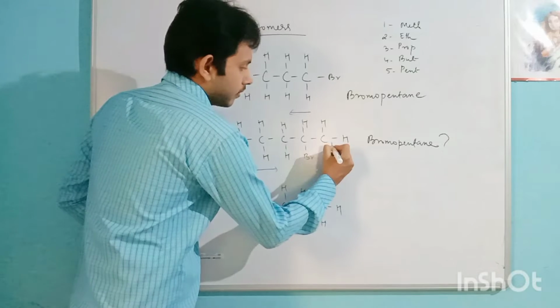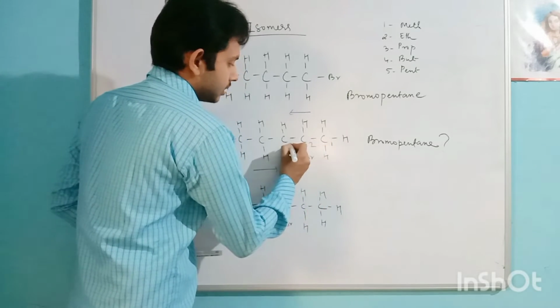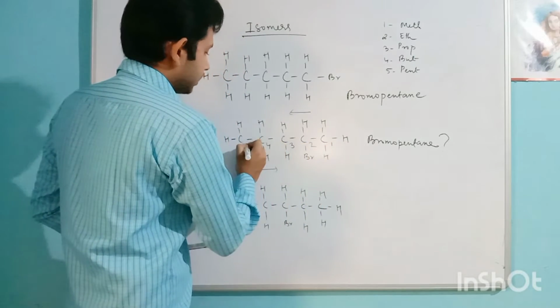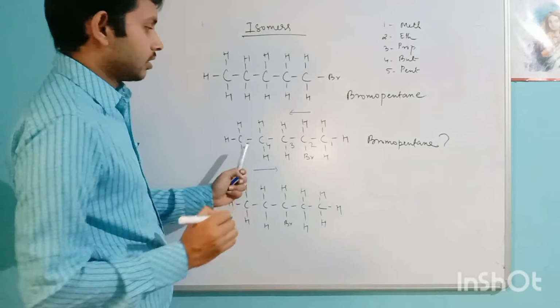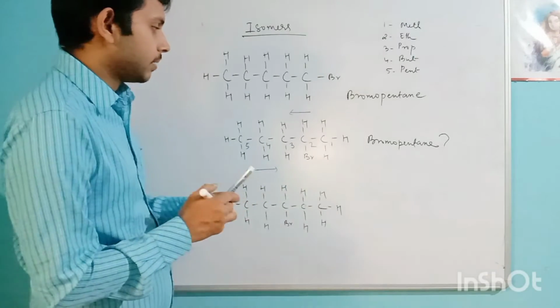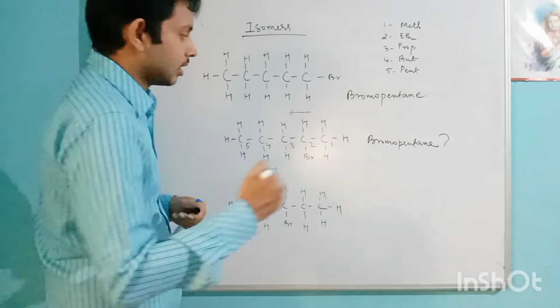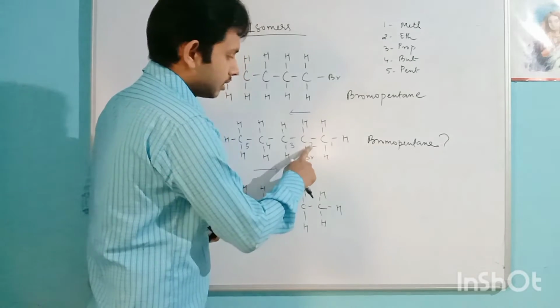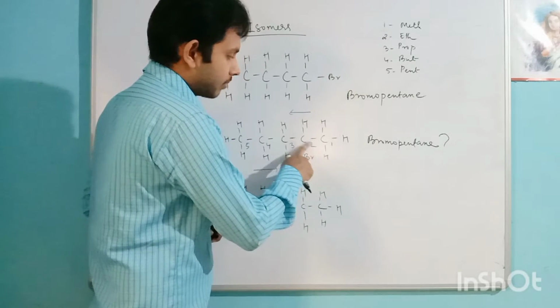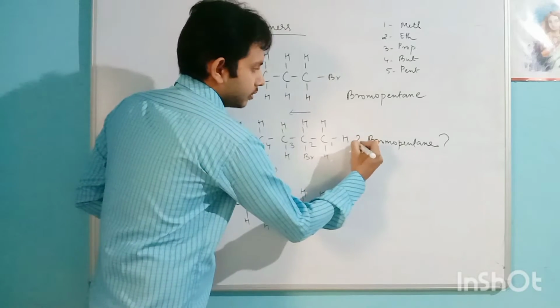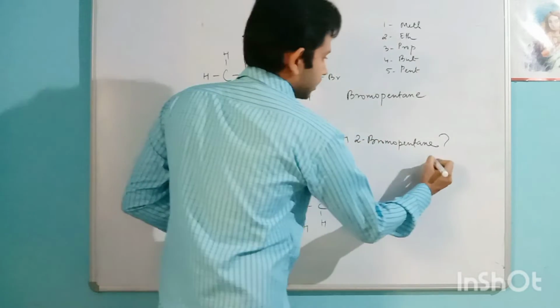So this carbon we take 1, this 2, this 3, this 4, this 5. How will we write its name? Simply we put the position of bromine at carbon number 2. We write here 2. Now it is correct.